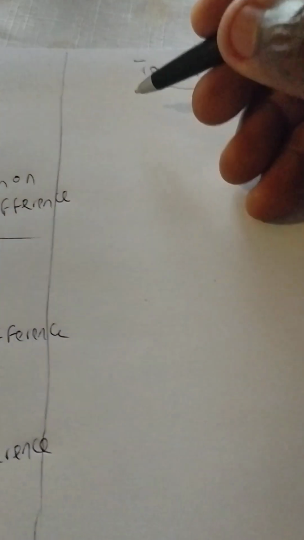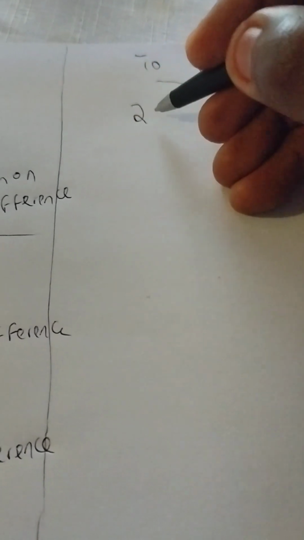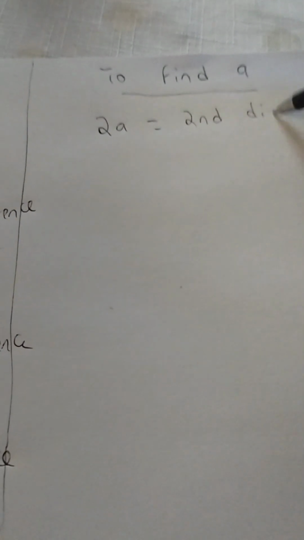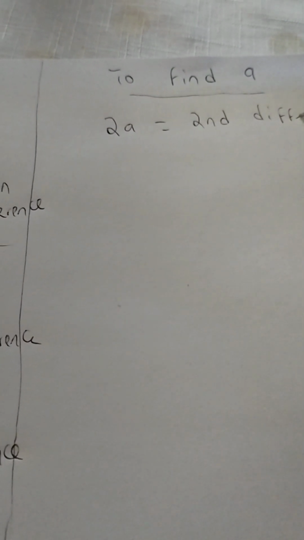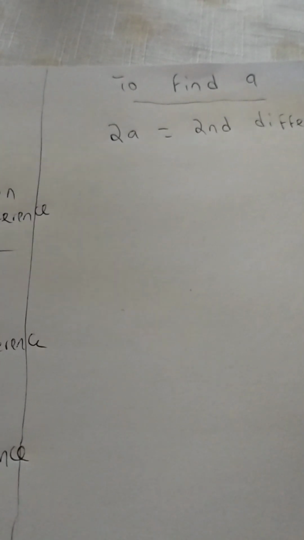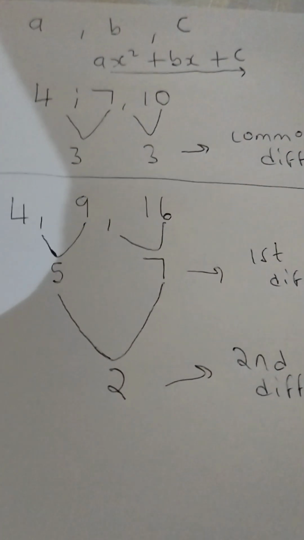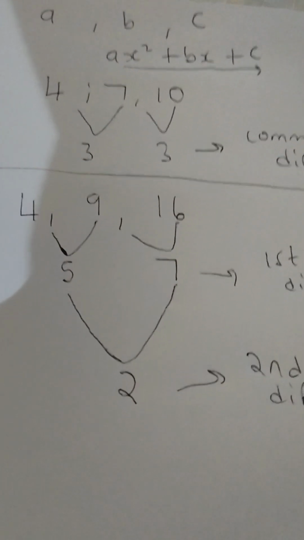Now, this will be the formula. It will be 2A is equal to your second difference. So to find A, you will equate 2A with the second difference. In this example of ours, our second difference will be 2.